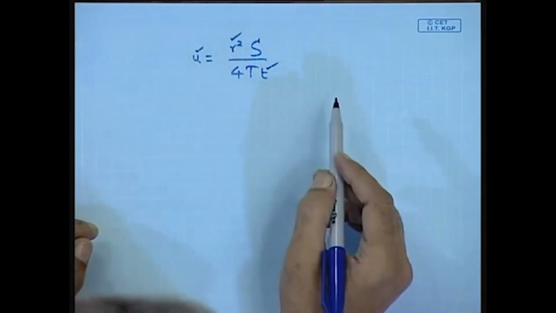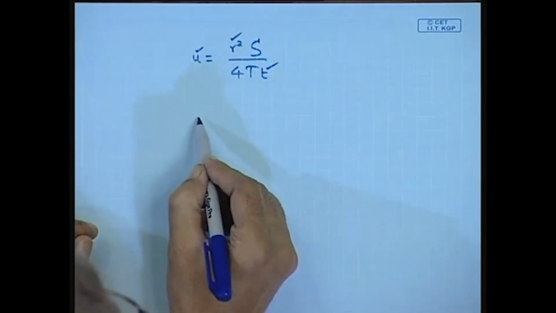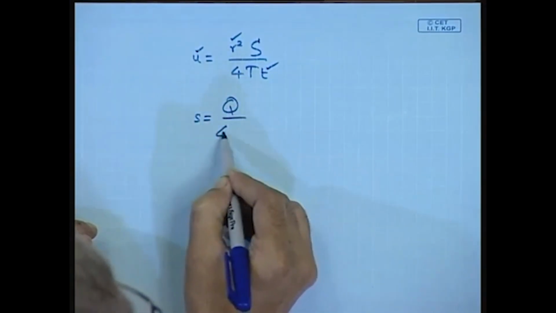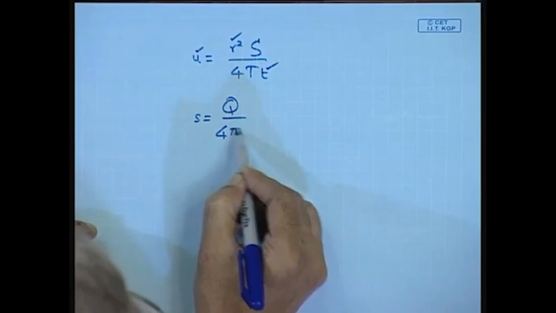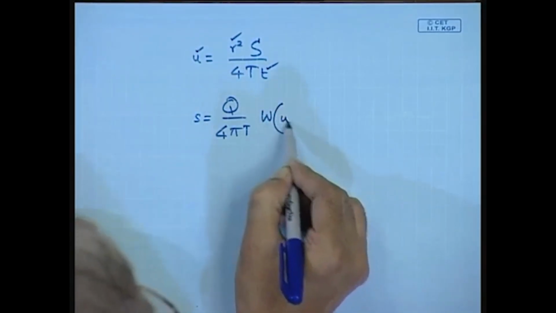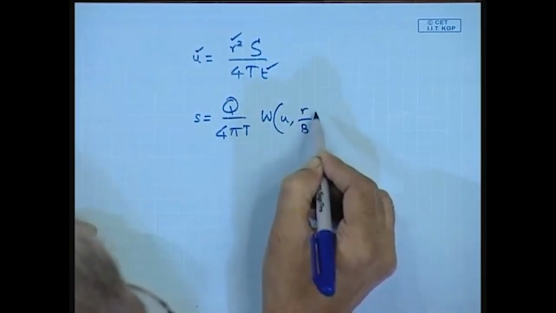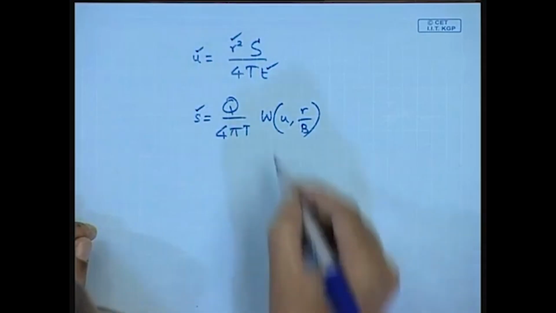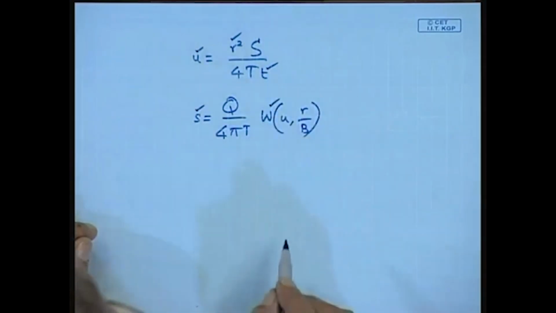So this is one equation, and secondly we have the other equation, that is S is equal to q divided by 4 pi T into W(u, r/b). Here this is known based on the matching point.